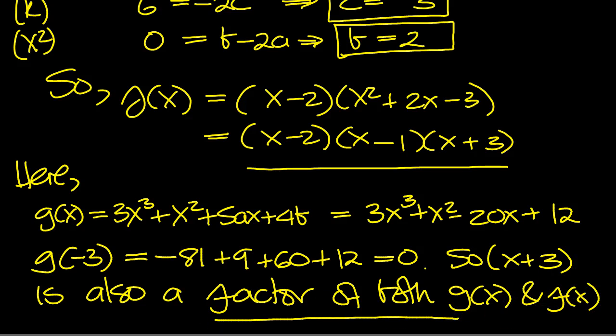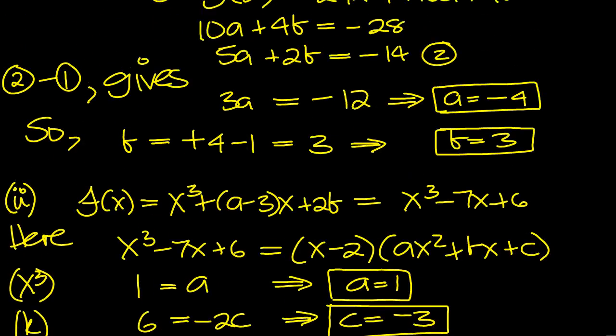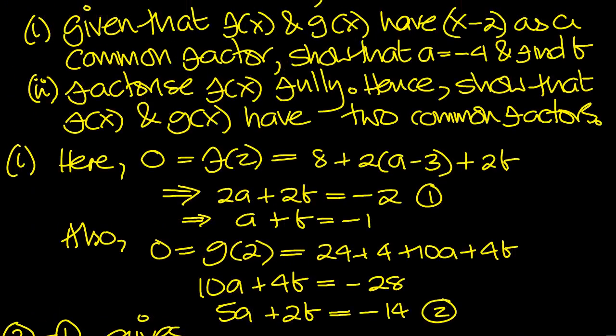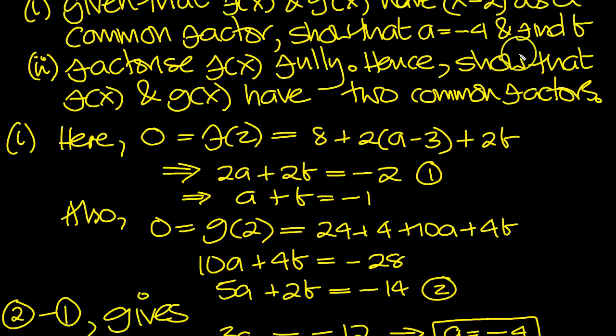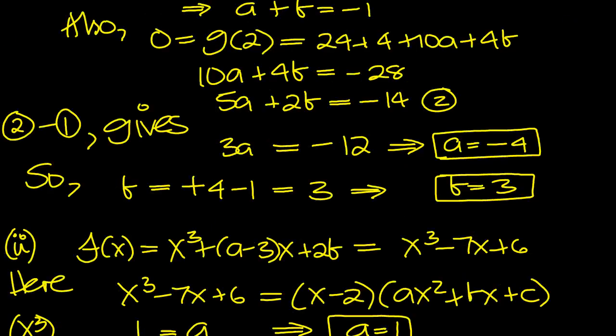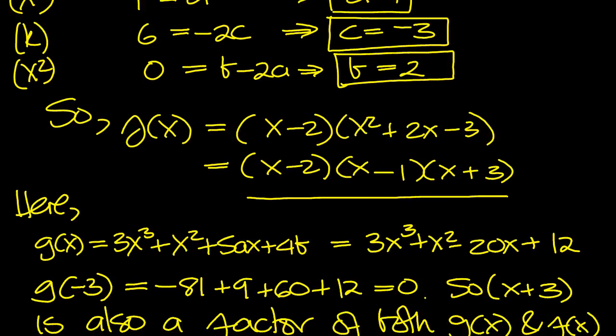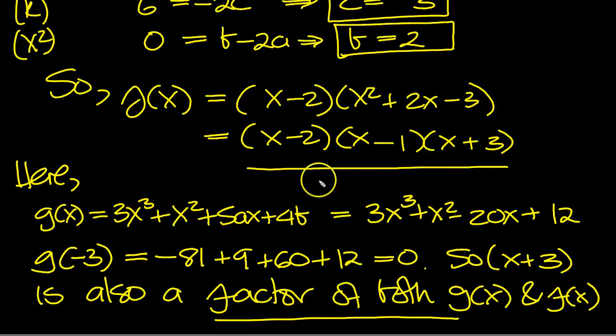And I think that's what the question asked for, let's just double check. Yeah, factorise f of x fully, hence show that f and g have 2 common factors, which they do. The only other thing to say is that g of 1 here doesn't equal 0.